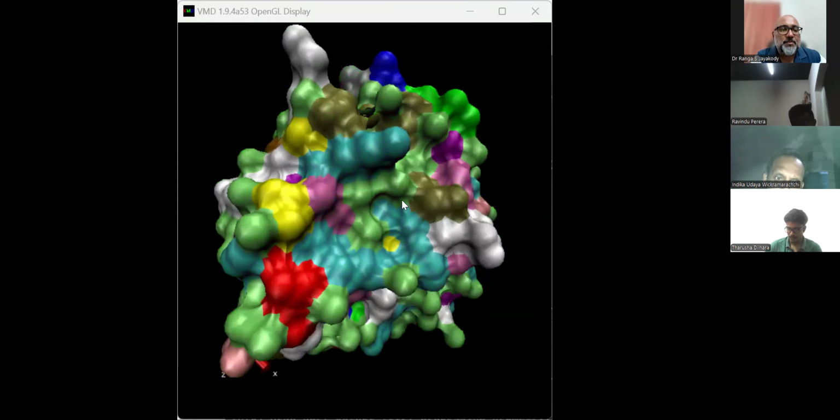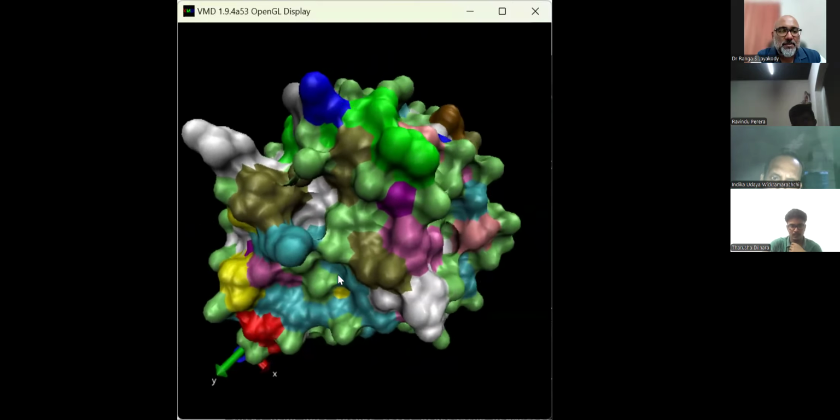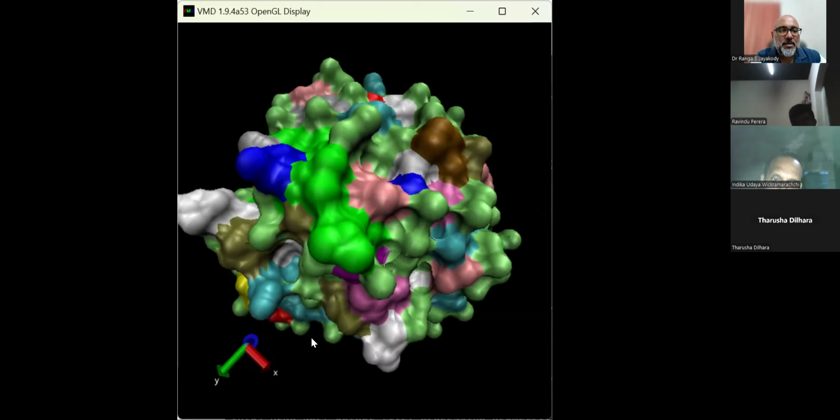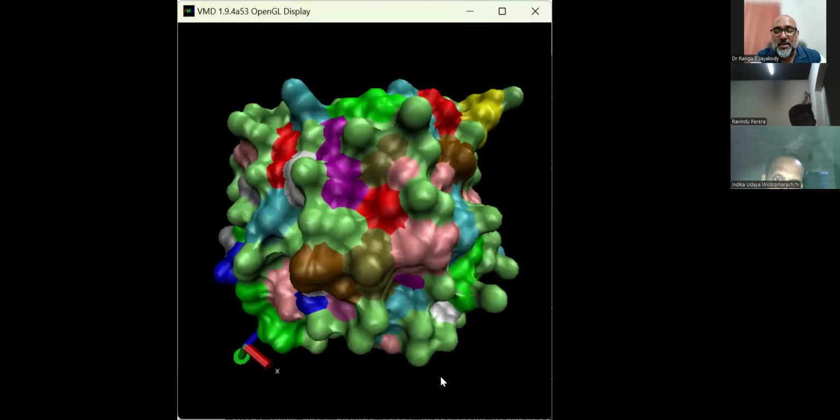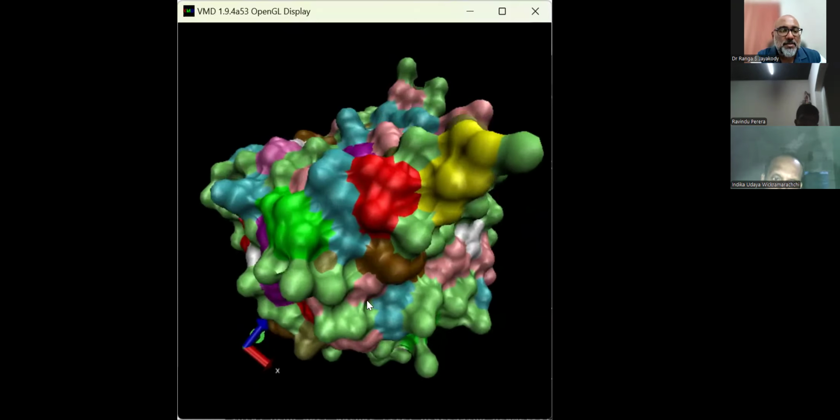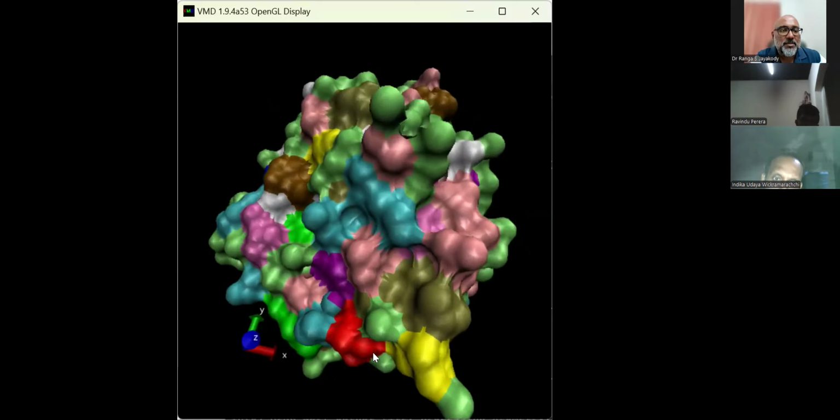These are different types of amino acids in different colors, right? You can see there are brown ones. These are the ones that we discussed: A, I, P, L, lysine, arginine, those types of things. These are different amino acids, right?